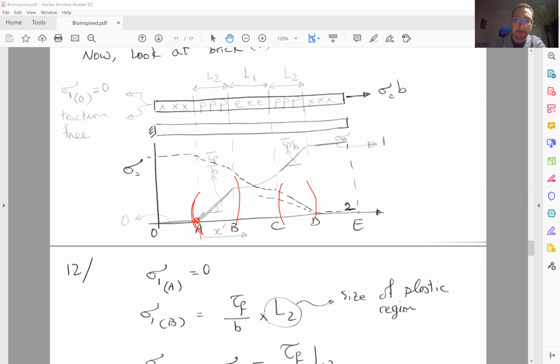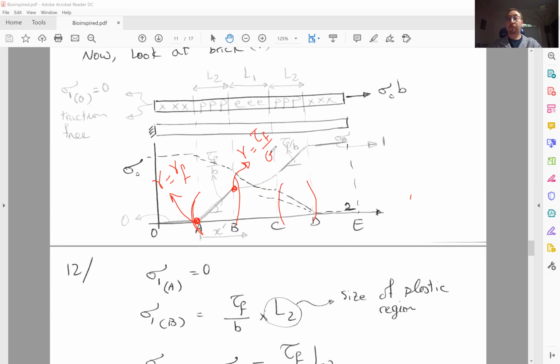But at this point, this is the border between plastic deformation and failure. So right at this point, gamma is equal to gamma f. And this point is the border between elastically deformed and plastically deformed. This is the point that yields. This is the boundary where the yielding starts. So here, gamma is nothing but tau f over G.